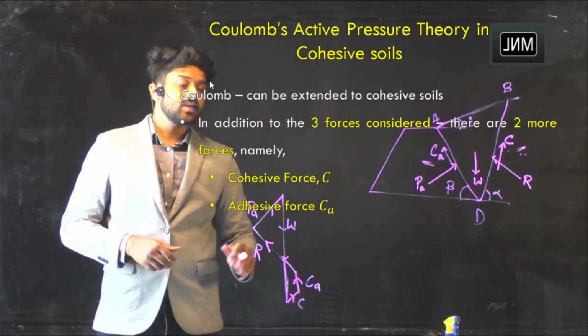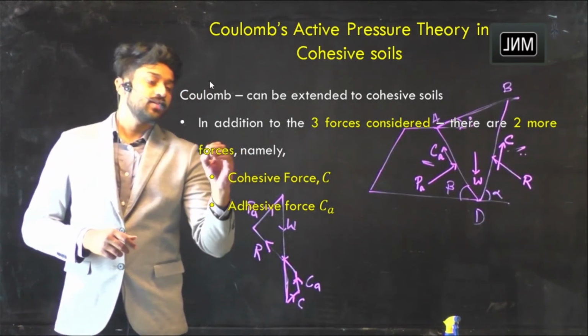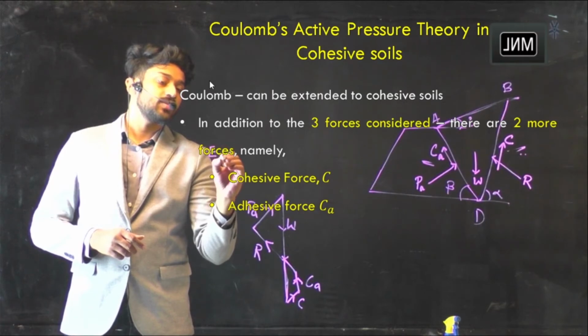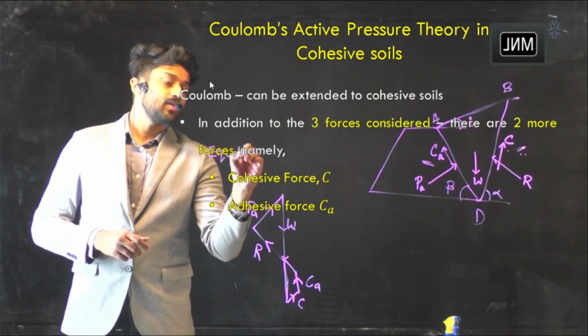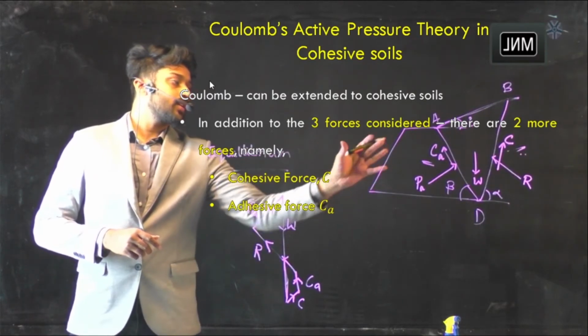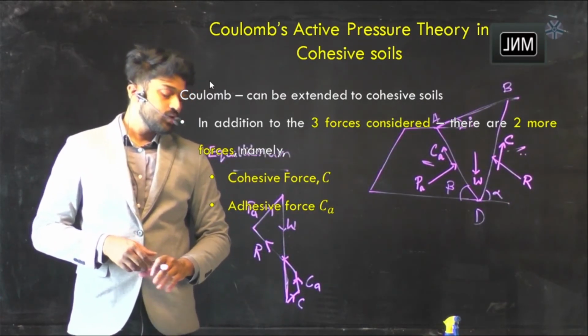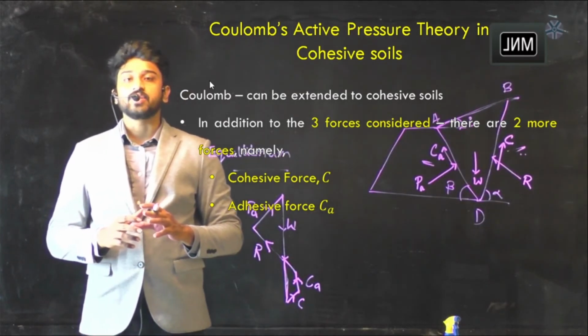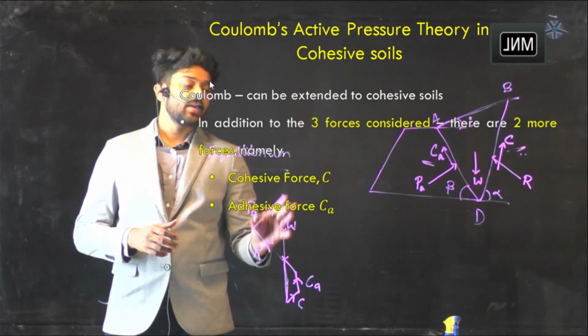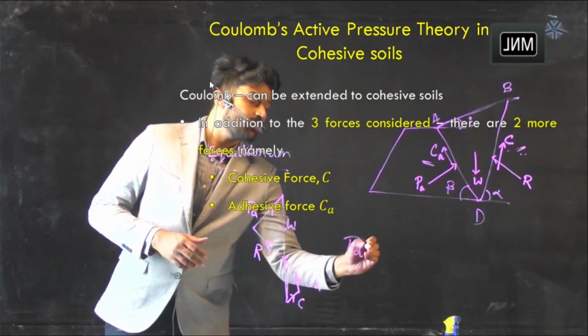So this is the equilibrium of forces diagram that we have. Let us say this is the forces representation in equilibrium. That means to maintain the particular wedge in equilibrium, we have considered this particular diagram. So in a similar fashion, what we have observed earlier, the derivation may be carried out for this particular case as well to find out the value of PA.